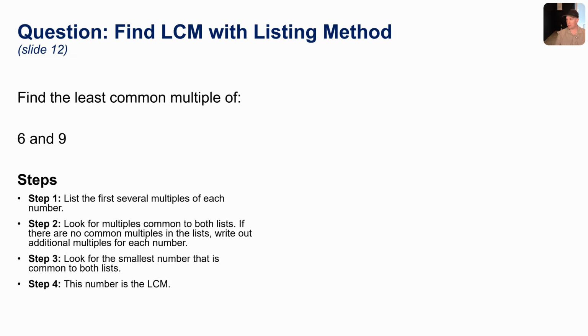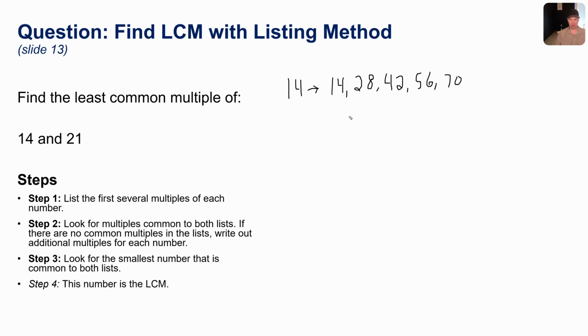Let's now try 14 and 21. If I look at some multiples of 14, we have 14, 28, 42, 56, and 70. Let's go out that far.